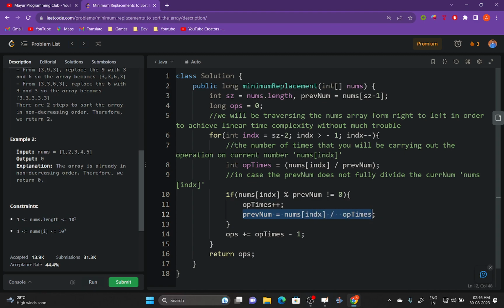Since the previous number will no longer be the same value, it will be decreasing. That's the case.